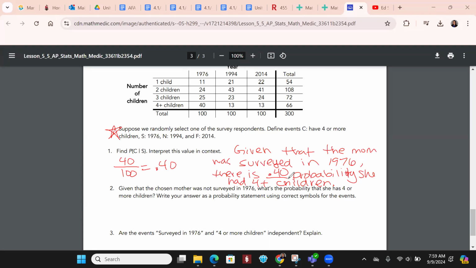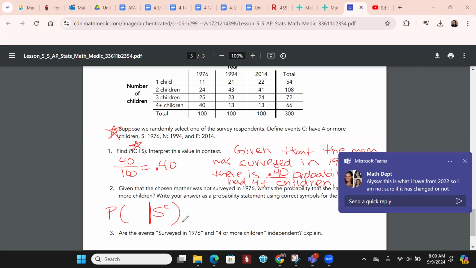Given that the chosen mother was not surveyed in 1976, what's the probability that she has 4 or more children? Write your answer as a probability statement using the correct symbols. Given is this line, and 1976 was represented by S, but we want not 1976. What are we trying to find?